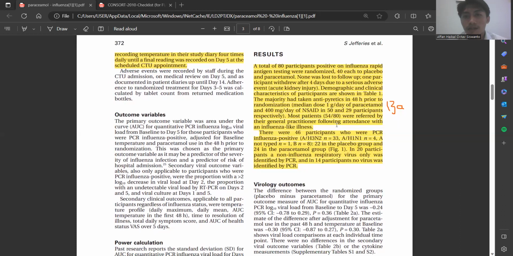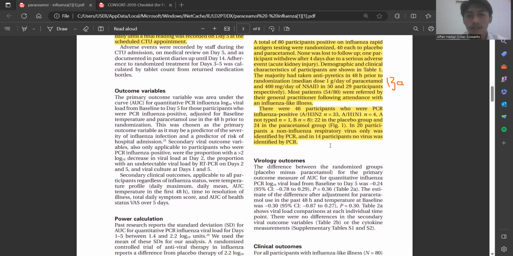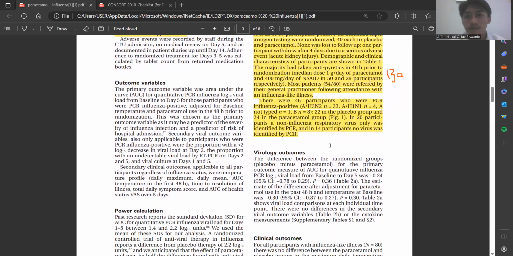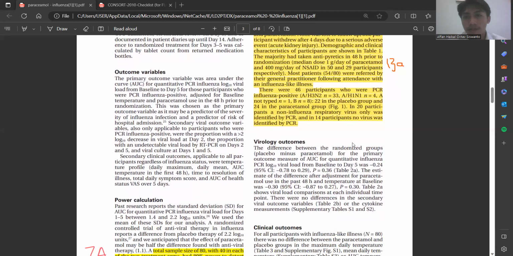Demographic and clinical characteristics of participants are shown in Table 1. The majority had taken antipyretics in the 48 hours prior to randomization. Most patients were referred by their general practitioner following attendance with an influenza-like illness. There were 48 participants who were PCR influenza positive, 22 in the placebo group and 24 in the paracetamol group.